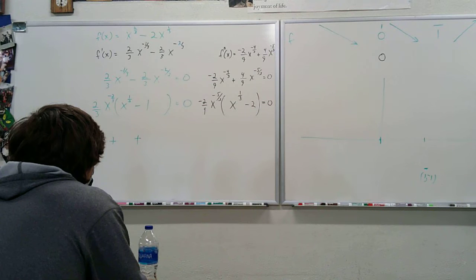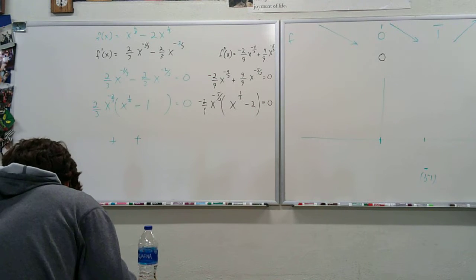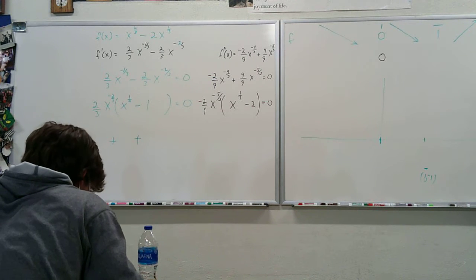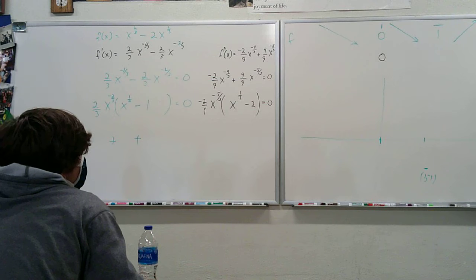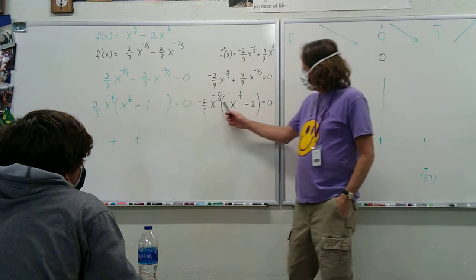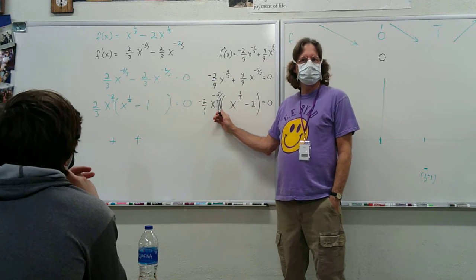Now, we need to know when it's smiling and when it's frowning. We're doing the Mona Lisa test now. All right. Pick a number smaller than 0. -8. If you take a negative number and raise it to the 5th power, it is still negative.